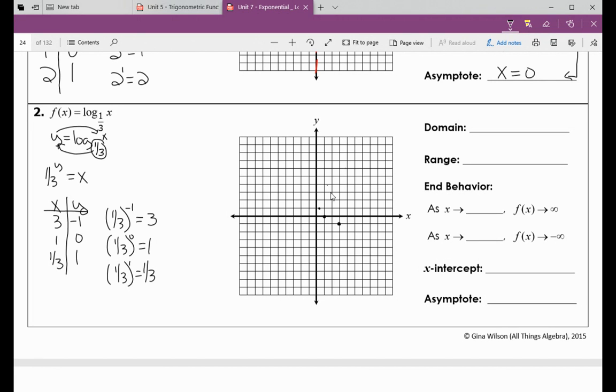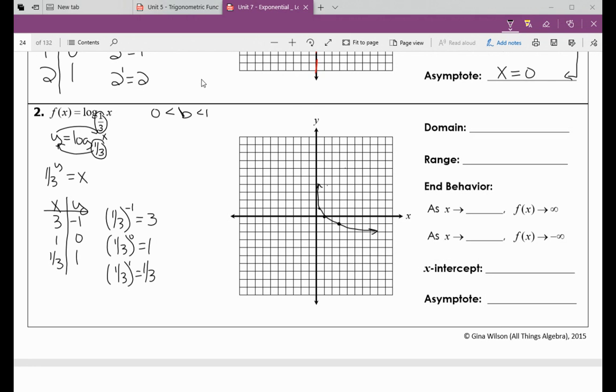Now notice this time I'm closing in on the y-axis, but I'm going down this time instead of up like the first one. The reason for that is because my base is between, can't be equal to, I apologize, it is between 0 and 1.